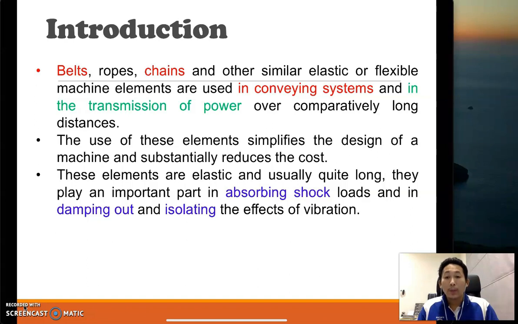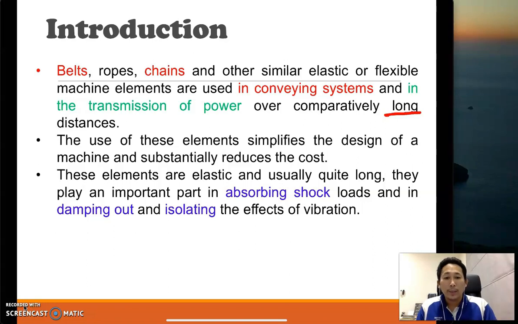The belts, ropes, chains, and other similar elastic or flexible motion elements are used in conveying systems and in the transmission of power over comparatively long distance. So if we have a long distance to transmit power, normally we have the elastic or flexible type of drive.